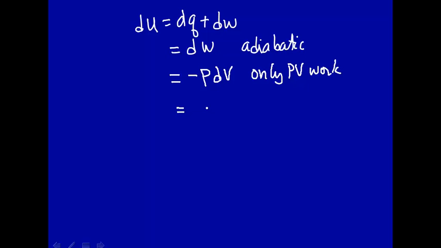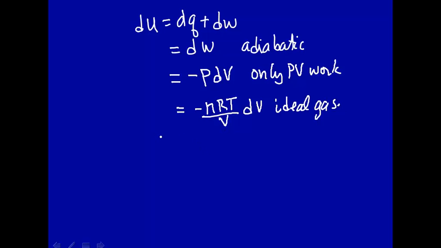And let's make the assumption now that we have an ideal gas, so PV equals nRT, so this would just be equal to minus nRT over V, that's what pressure is for an ideal gas, times dV. So we can substitute in what P is.